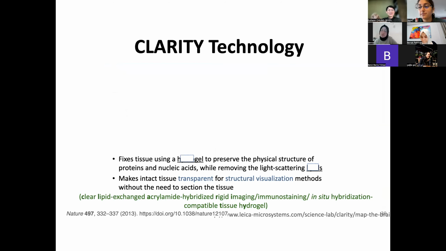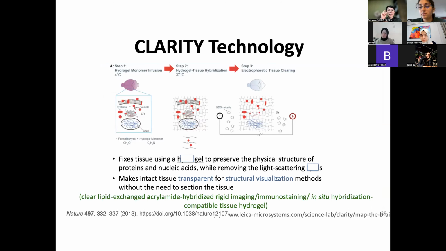And another big thing is called CLARITY, which was exactly 10 years ago. There's a concept when I say scattering. If you want to make any tissue transparent, then you don't have to worry about scattering and your imaging can be very clear, right?